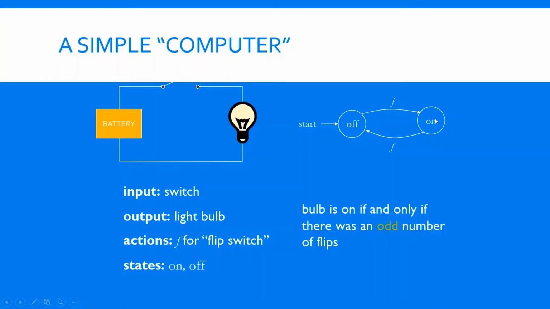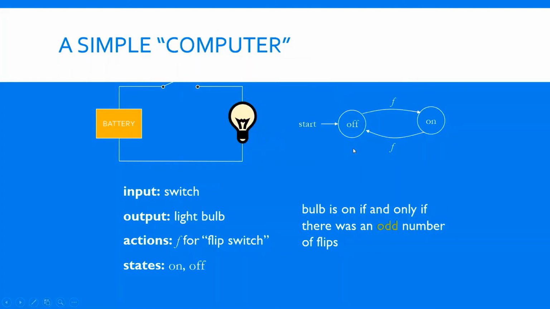Then in the on state, if you flip the switch again, your bulb will be in the off state. So the bulb is on if and only if there was an odd number of flips. My question is, in what sequence of these flip switch operations will your bulb be on?